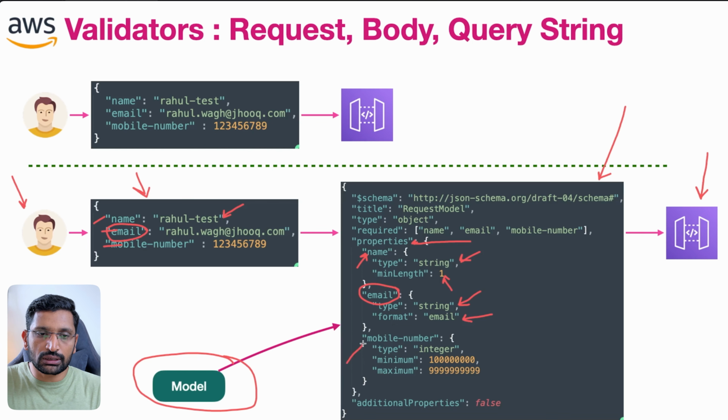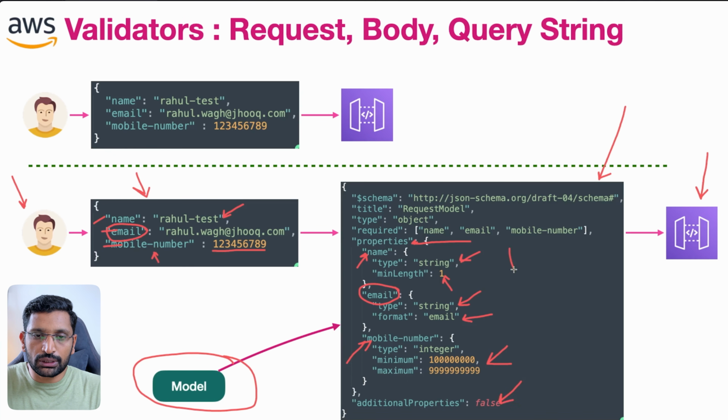And similarly, here is another attribute, which is mobile number, which I'm also passing over here. This mobile number has 9 digits in it. So I have just imposed a very basic validation rule where I have defined the minimum and the maximum. But instead of that, you can use a regular expression or a regex as well. And additional properties, I have set to false.